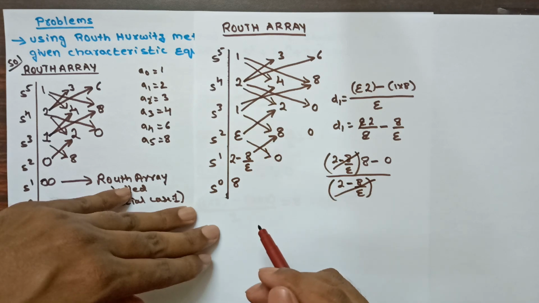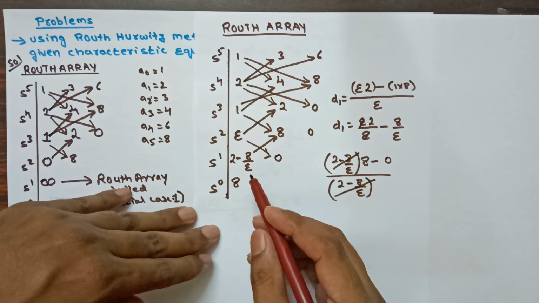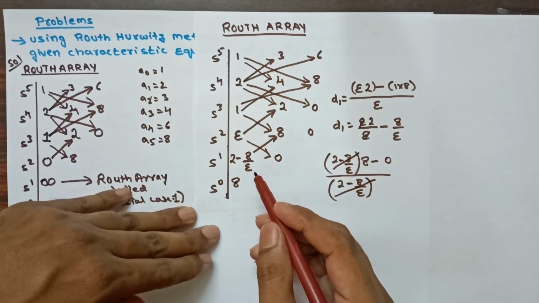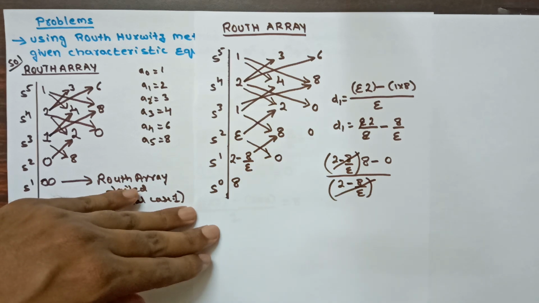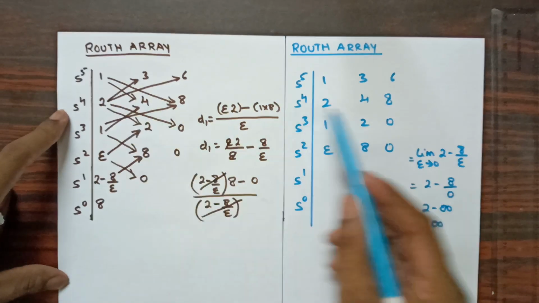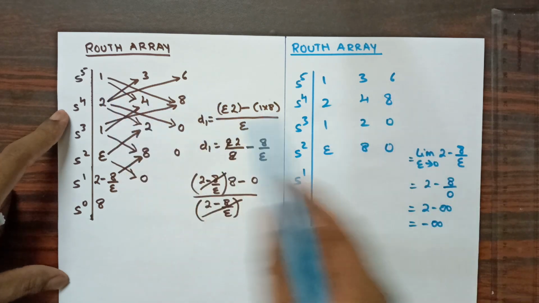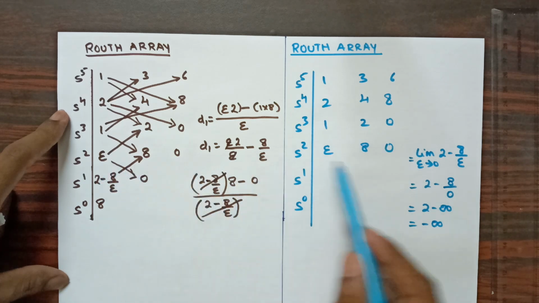Now in this way we have formed the array. The array is ready, but to comment on the stability, I need to apply epsilon tends to 0 to the epsilon equations. You can see here I have considered all the rows as they are, first row, second row, third row and fourth row.